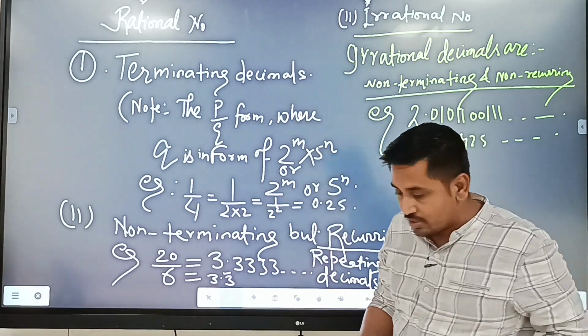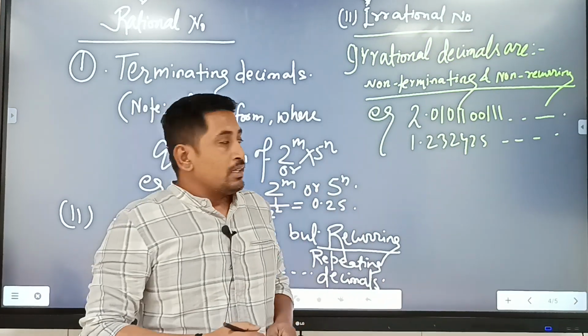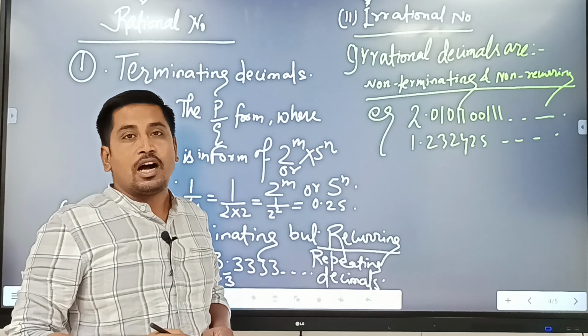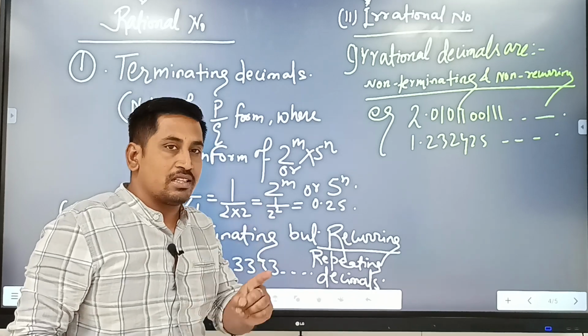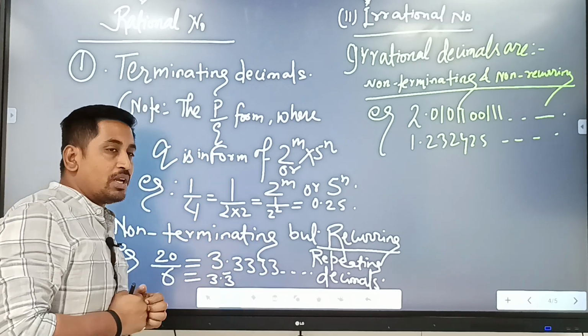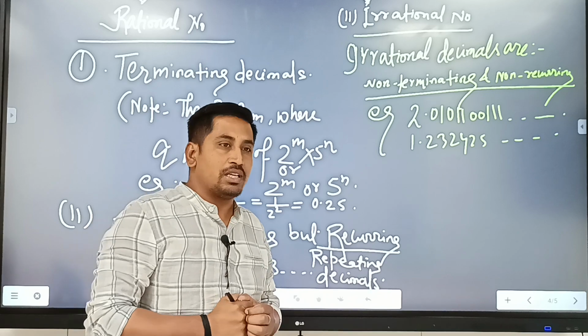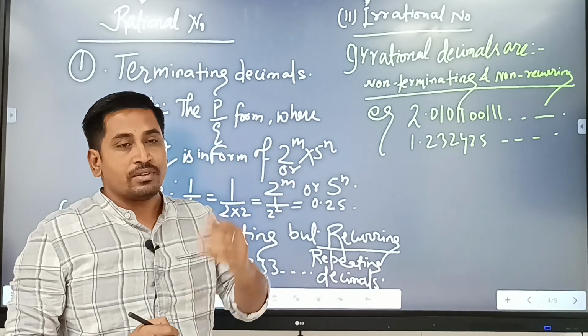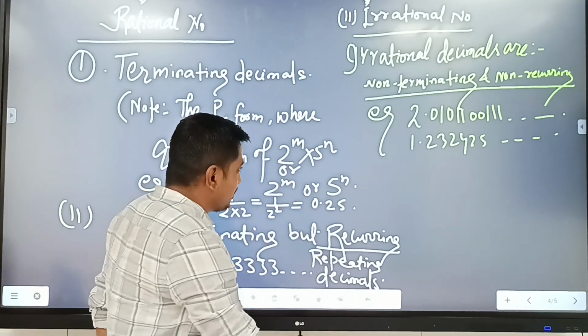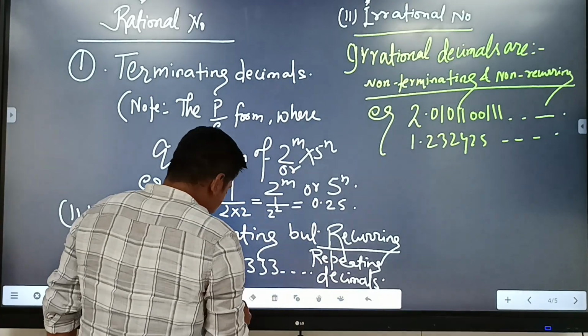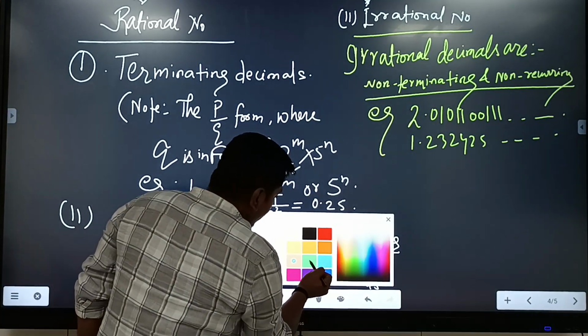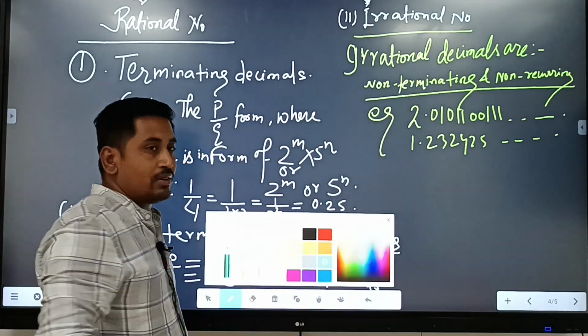Now I ask you one question over here. How many rational and irrational numbers lie between any two given numbers? Can anyone raise your hand? Okay, say yes, infinite. Great. So infinite numbers of rationals and irrationals are found.